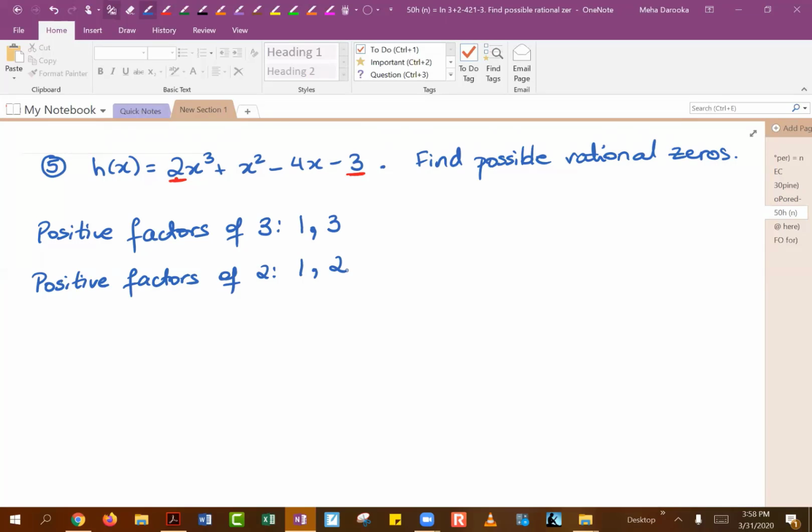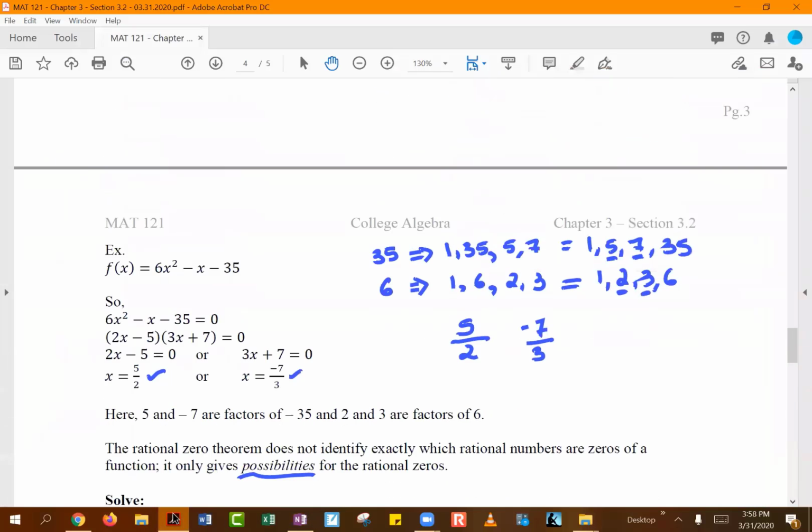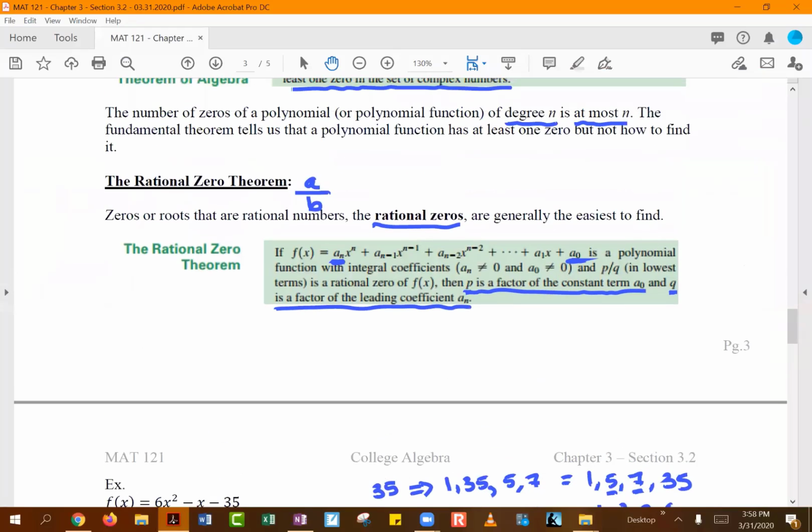Now, what you actually end up doing, remember, the factors of the constant term are what we call the p values, and then the leading coefficient factors are what we call the q. And let me show you where we know that from. That's where they were giving us p over q, where p is a factor of the constant term and q is a factor of the leading term.